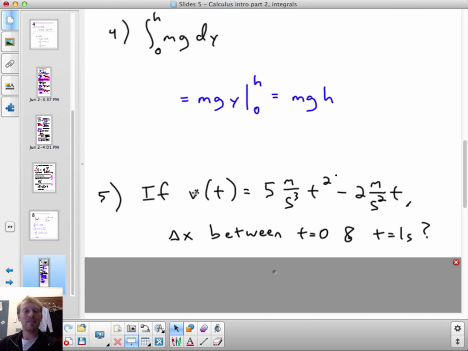Well, if the left-hand side needs to be measured in meters per second, and it does because it's a velocity, then this first term in this sum has to have units of meters per second. And t is going to be some number of seconds.